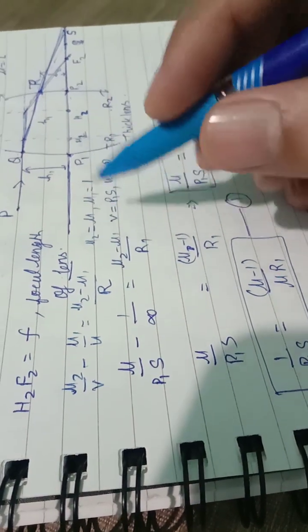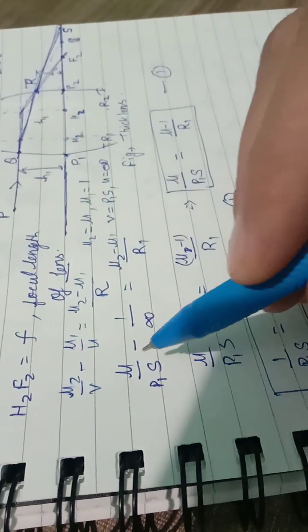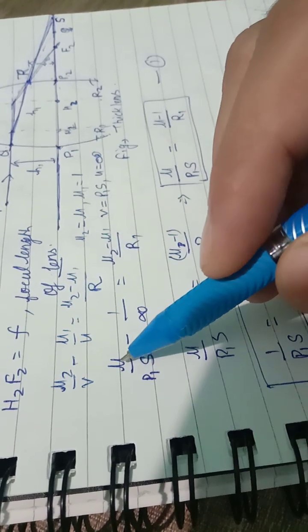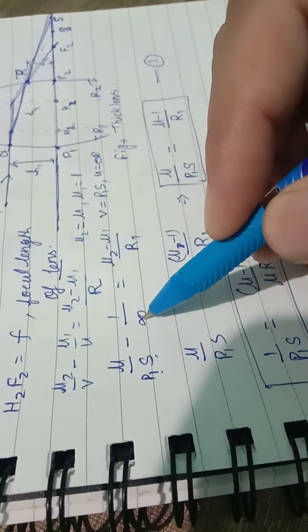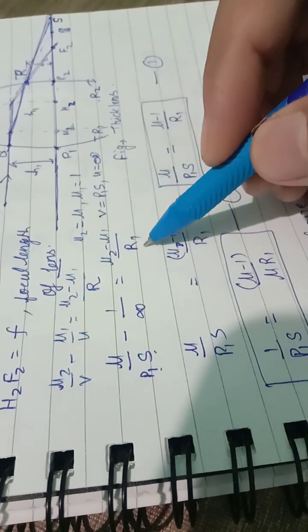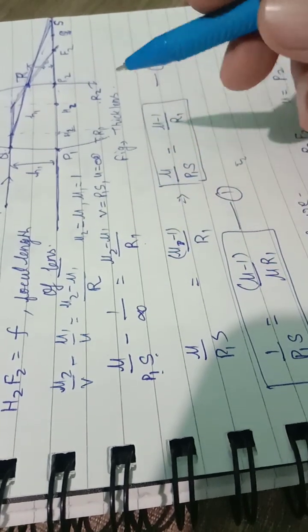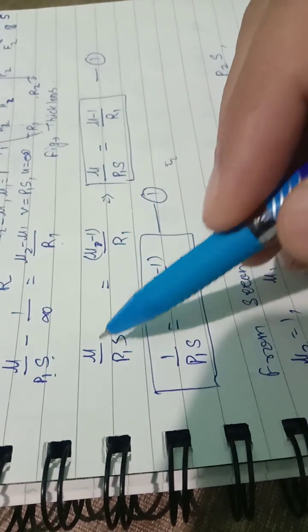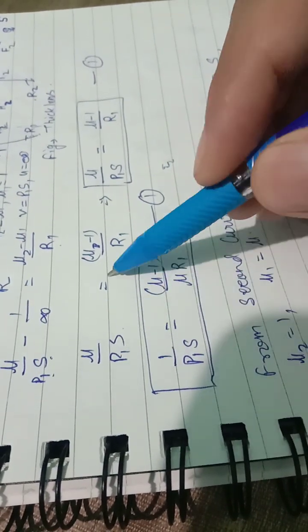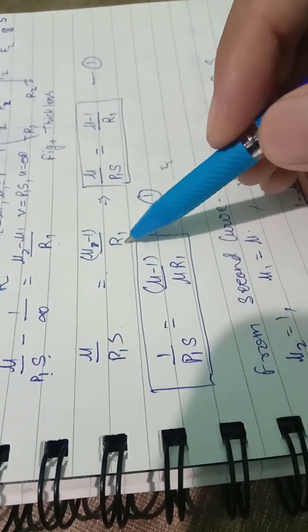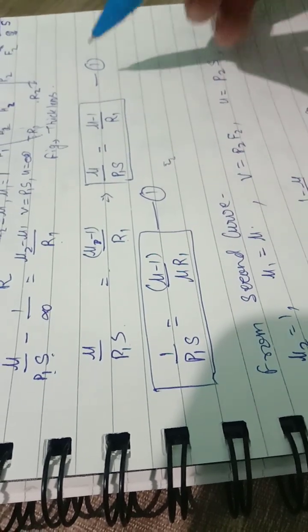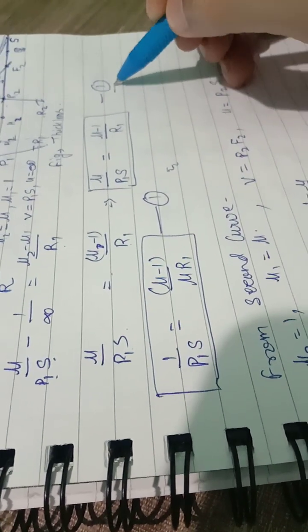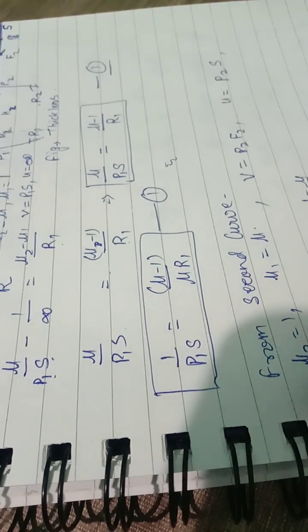Put it in the equation and what we get: mu by P1S minus 1 by infinity equals mu minus 1 upon r1. Solve it: mu by P1S equals mu minus 1 by r1, and put it as equation number 1.